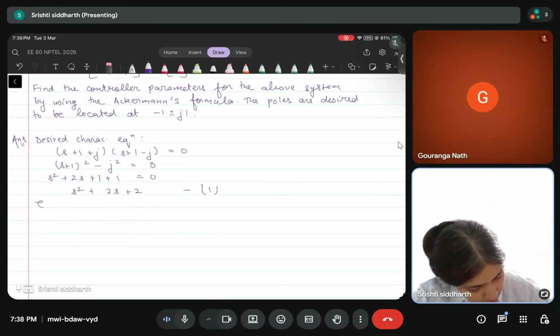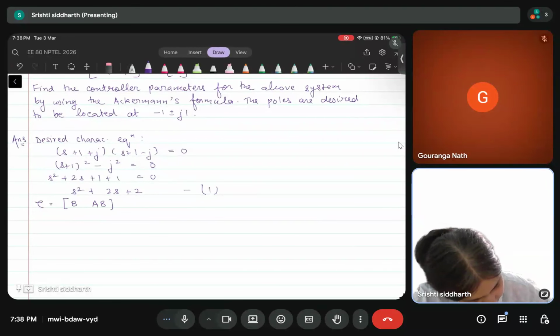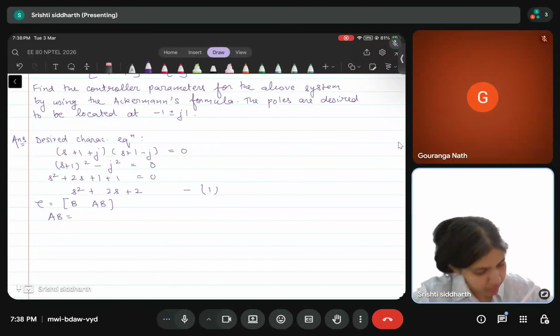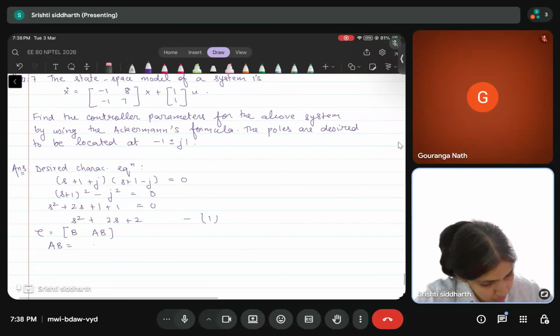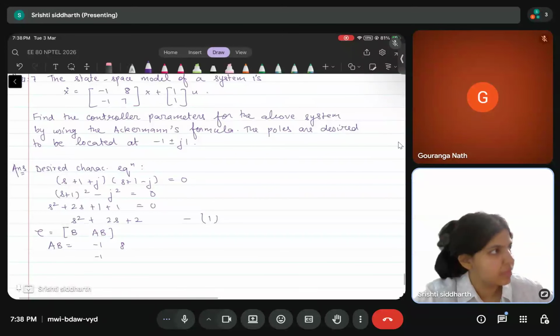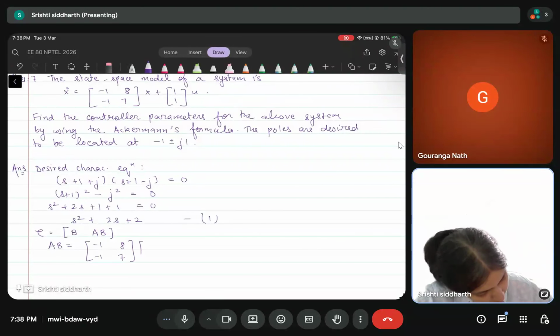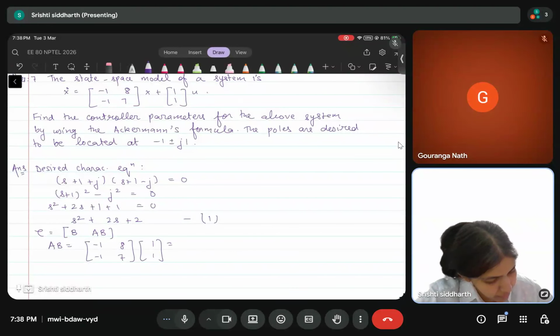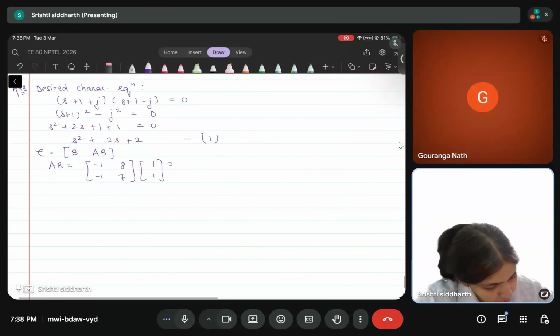So let's compute this. This is B and AB. It's going to be minus 1 plus 8.